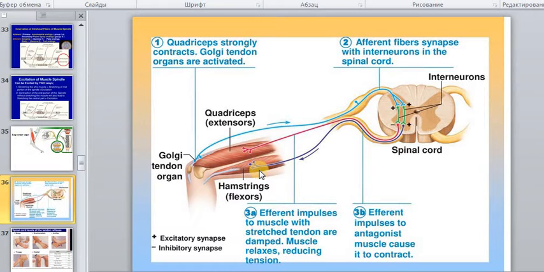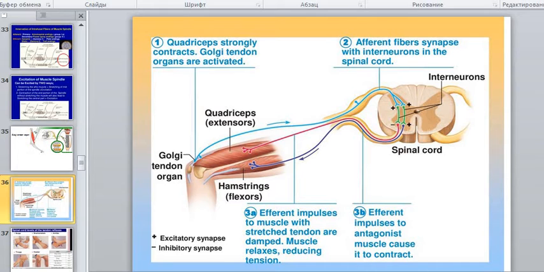They send information to the spinal cord, where interneurons receive input from the brain that specifies an amount of force that a muscle should produce. If that muscle's force level exceeds that set point, the Golgi tendon organ inputs inhibit the alpha motor neurons innervating that muscle, which lowers the force produced unless some other mechanism cancels that signal.